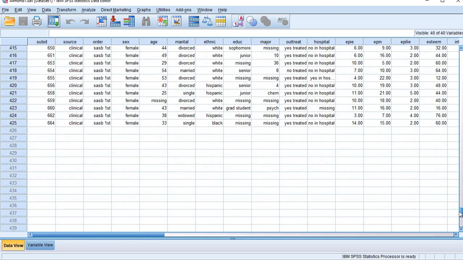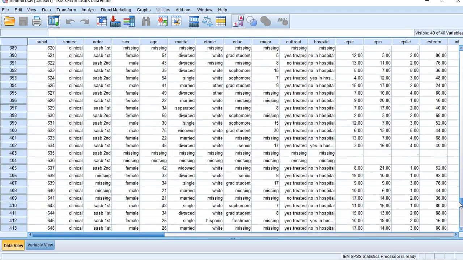You can scroll down to that observation 400 and look at the age, and realize it is 75. Actually 75 is abnormally high from the rest, because roughly looking at these values here, 59 is the highest in this case. So 75 is kind of abnormally high.